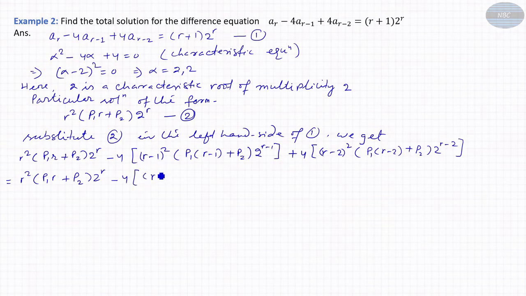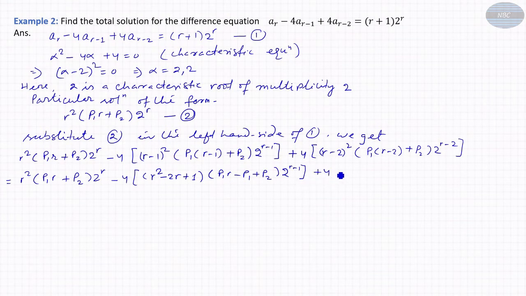So we get (r square minus 2r plus 1) and multiply this p1 with r minus 1. So we'll get (p1 r minus p1 plus p2) into 2 to the power r minus 1.